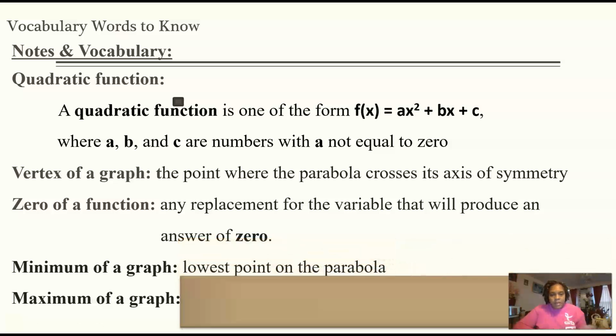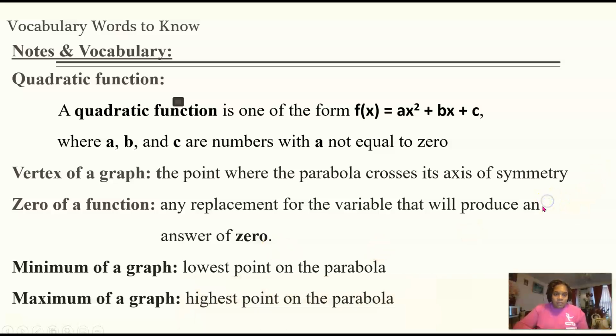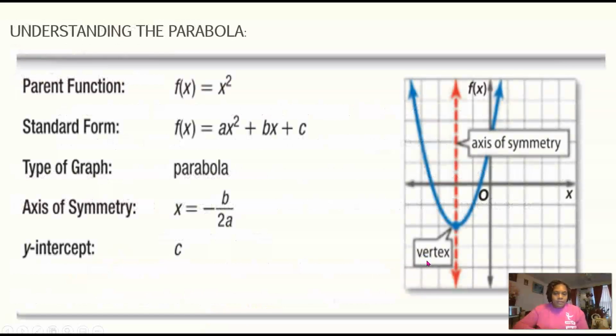So whatever you replace the variable with, if the answer is zero, that's a zero of the function. The minimum of a graph is the lowest point of the parabola, and the maximum of the graph is the highest point of the parabola. The minimum could be a vertex, and your maximum is also your vertex. And I'll go through that.